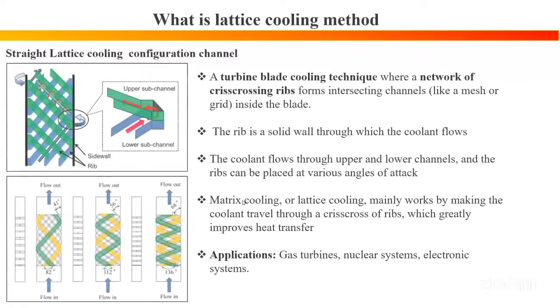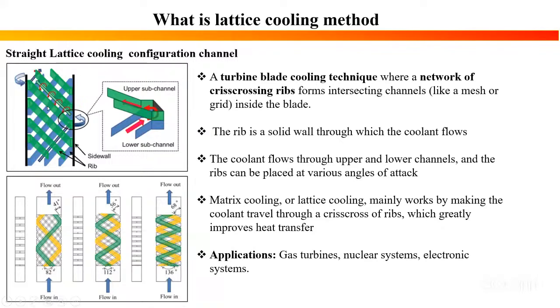Now you might be wondering what a lattice cooling structure is, or why we are concerned about a turning cooling structure. Previously, the studies were mostly carried out for straight channels. Basically, the straight lattice cooling configuration is used for trailing edge cooling applications in gas turbines. The application domain is gas turbines, nuclear systems, or electronics.